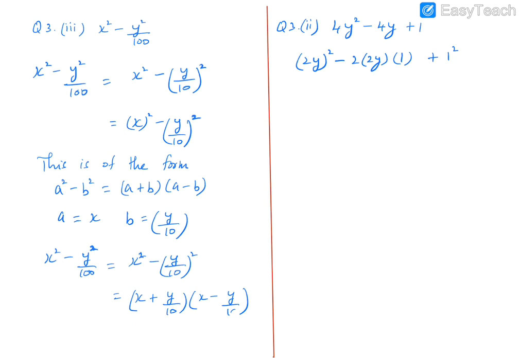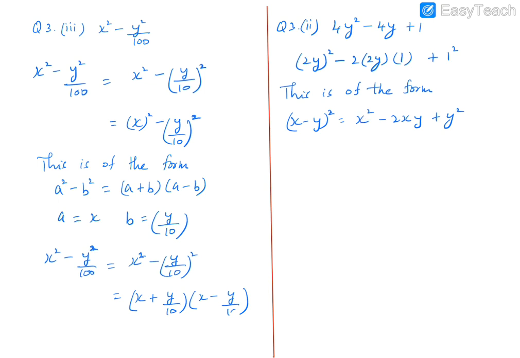Now if you look, this resembles the identity. So this is of the form x minus y the whole square, which is x squared minus 2xy plus y squared.